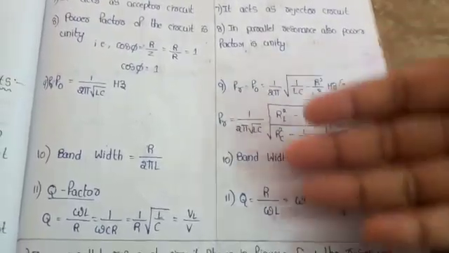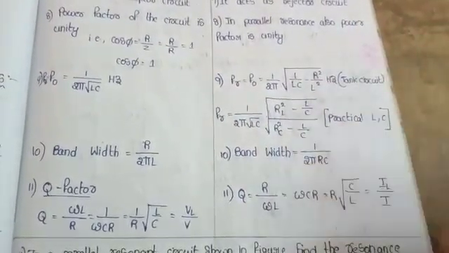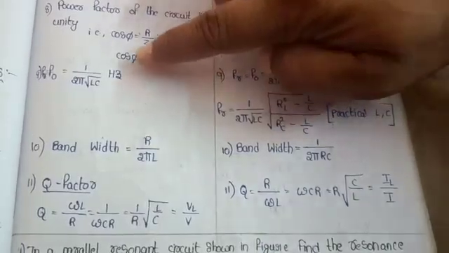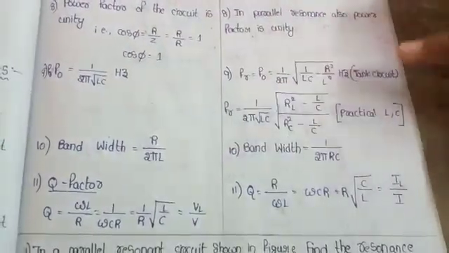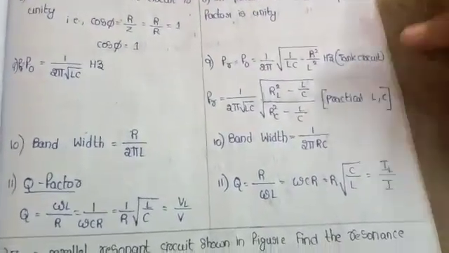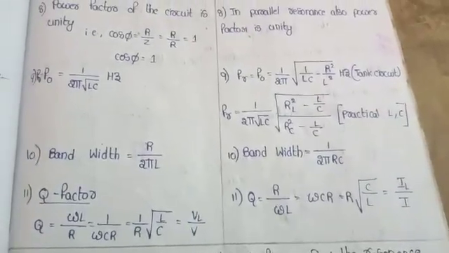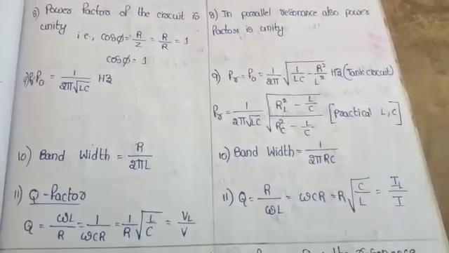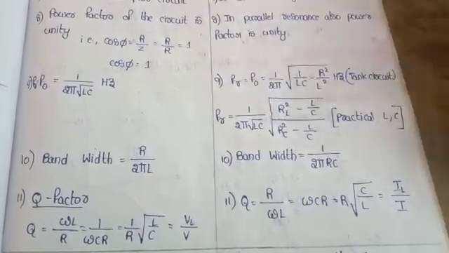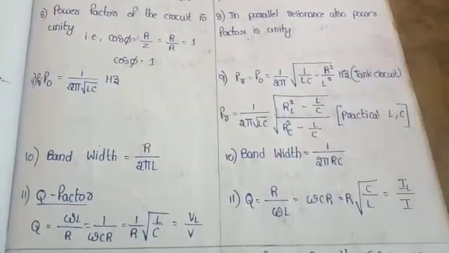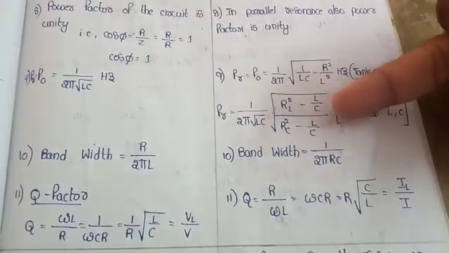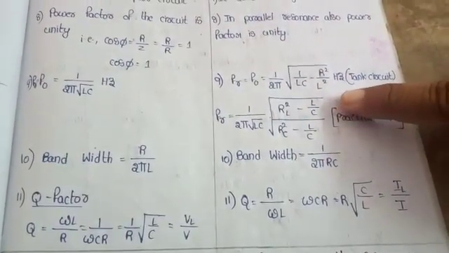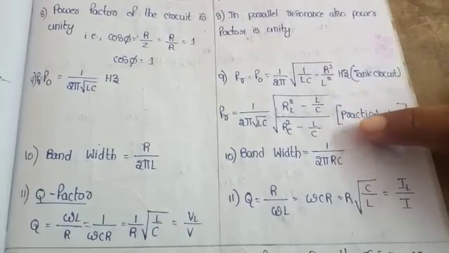The remaining differences are formulas for different situations. F0 is 1 by 2 pi root LC, but here for the tank circuit F0 is equal to 1 by 2 pi root of 1 by LC minus R square by L square. This is the tank circuit. And for practical inductor, practical capacitor, 1 by 2 pi root LC times root of (RL square minus L by C) by (RC square minus L by C).